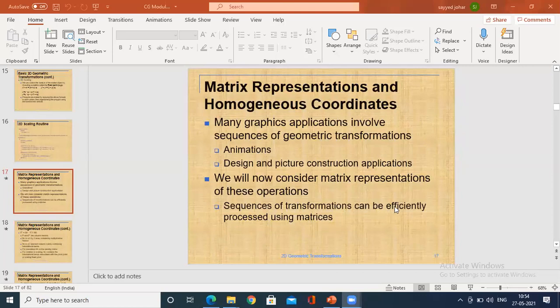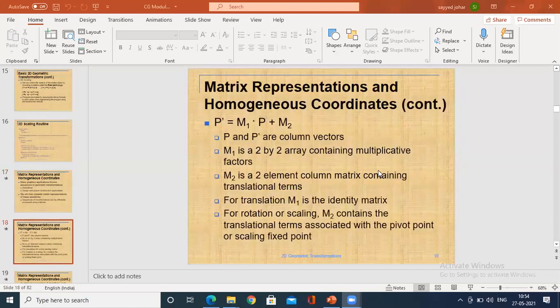Sequences of transformations can be efficiently processed using matrices. Now coming to the major concept. We can represent the homogeneous coordinate system with this equation, which satisfies rotation, translation, and scaling.